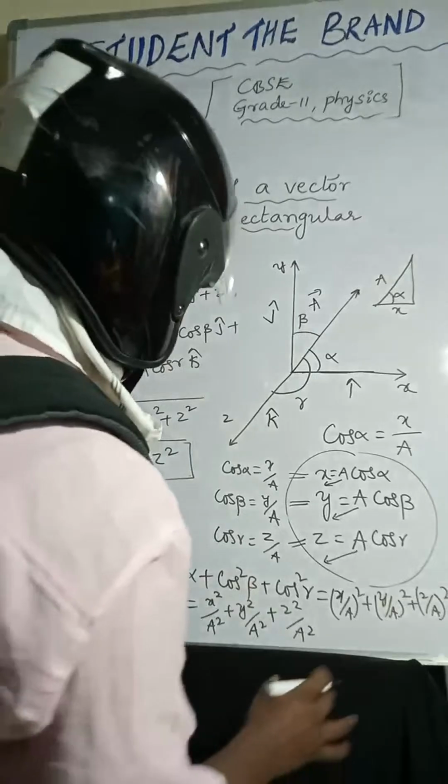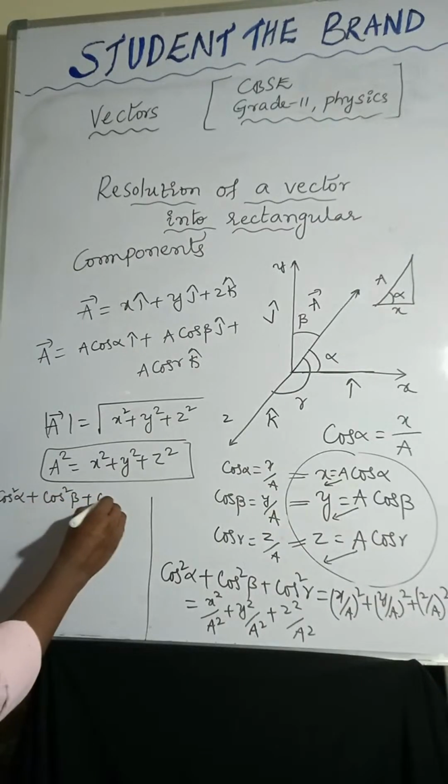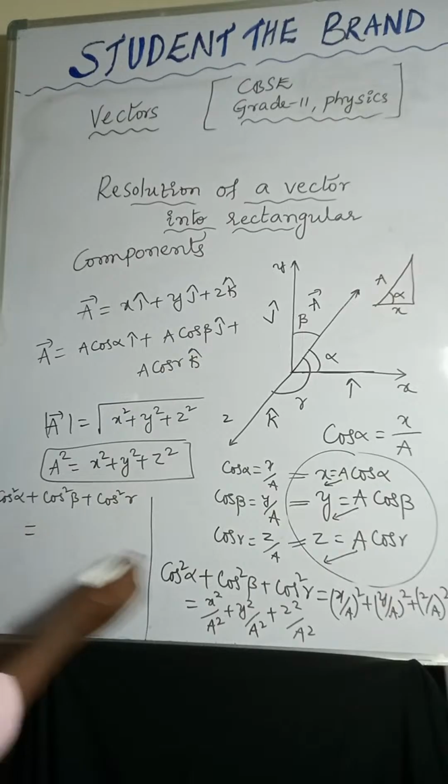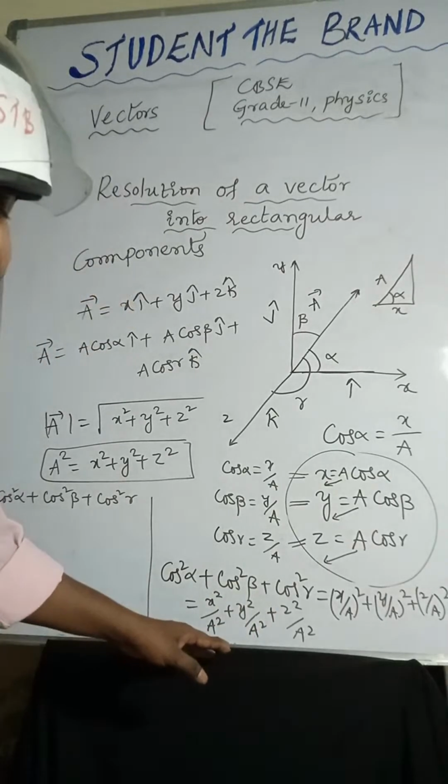We can take a square common, so cos square alpha plus cos square beta plus cos square gamma equals x square plus y square plus z square by a square.